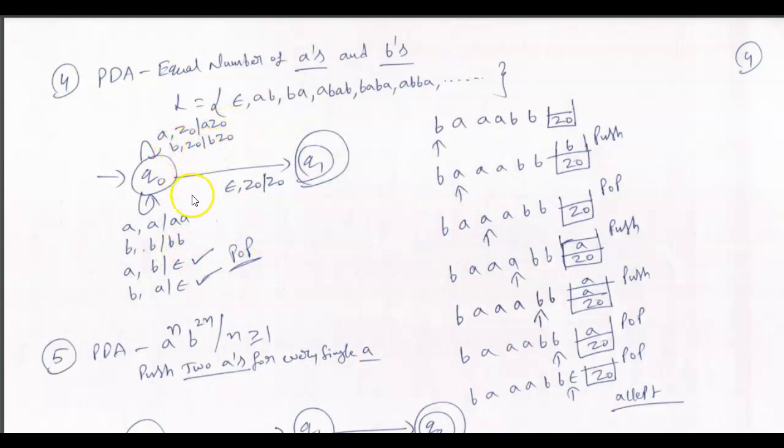For any other operation, where the top of the stack is A and the corresponding input is B, that means for the corresponding A we have a corresponding B, which is equal number of A's and B's. We are going to pop for B. Whenever there is the situation epsilon, Z0, that is accept. This is a simple way of representing equal number of A's and B's.